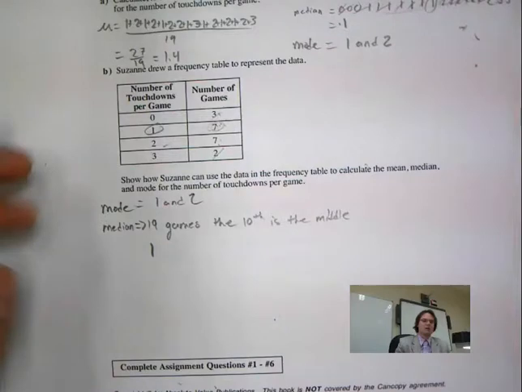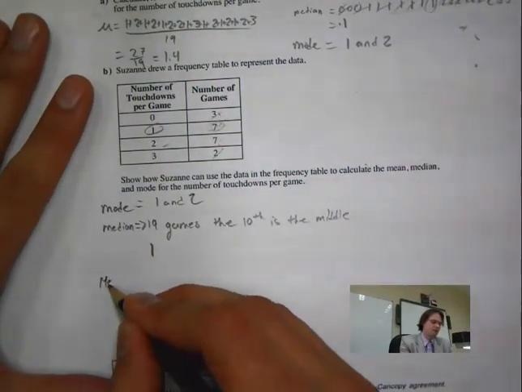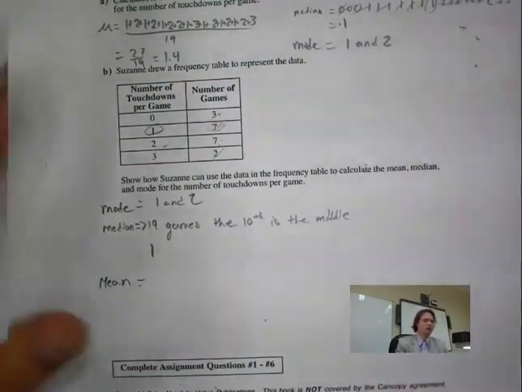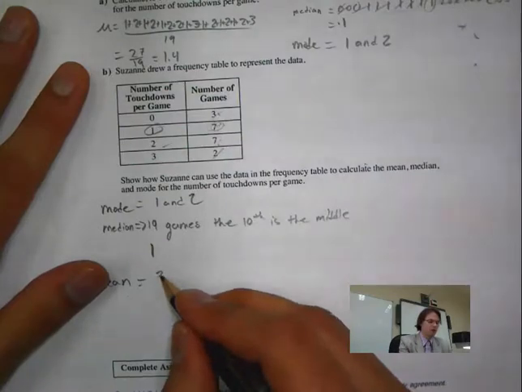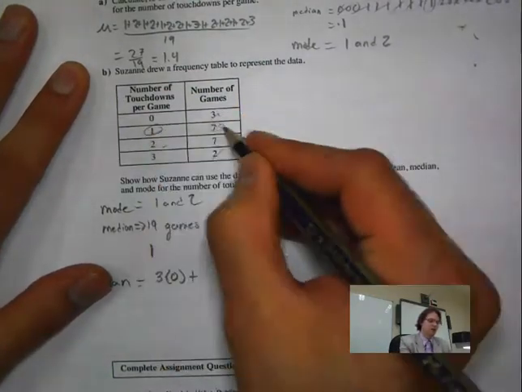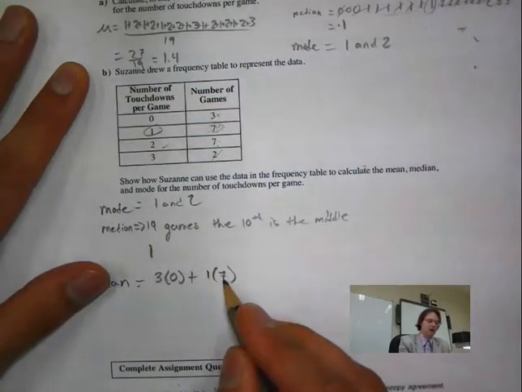Now, let's find the mean. This is actually very simple. This helps us a lot. So for the mean, we have 3 groups of zeros. Plus, we have 1 times 7, because there are 7 ones being added.